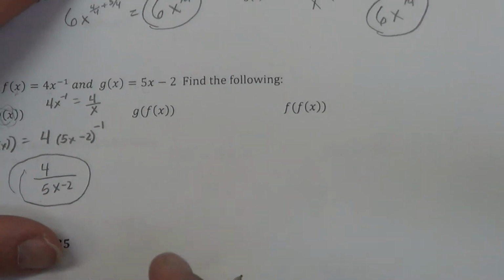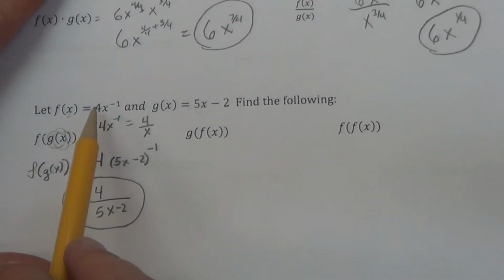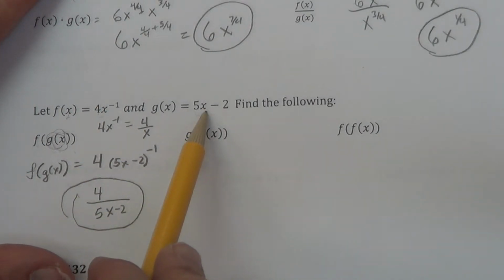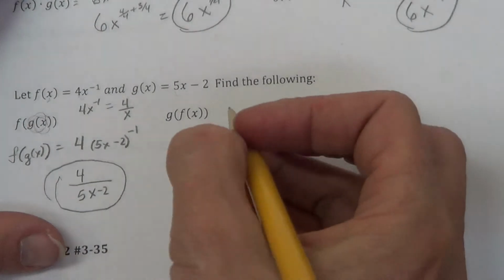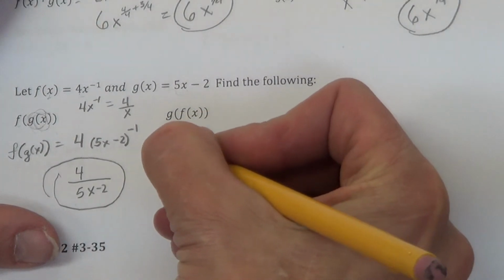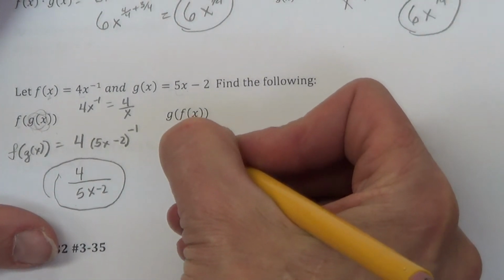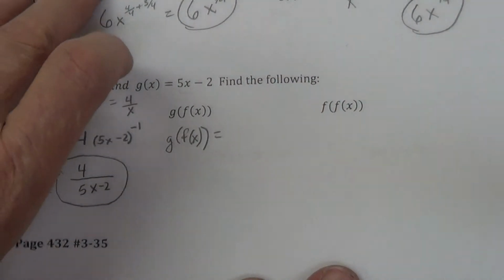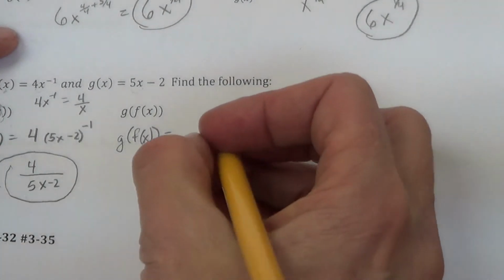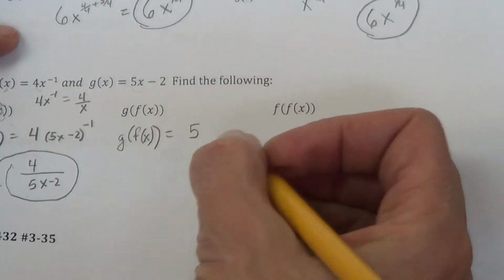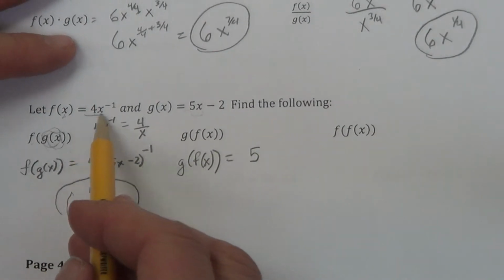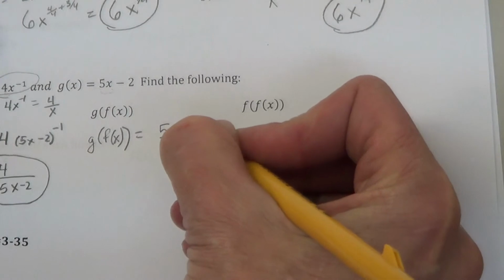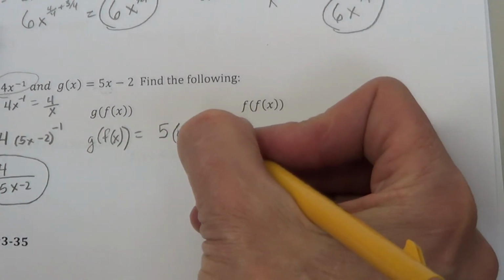Next one, now we're going to say, well, what happens if we put this into that equation? So we would have g of f of x will equal 5. Instead of putting the x, we put what the f of x is, times 4x to the negative first, minus 2.